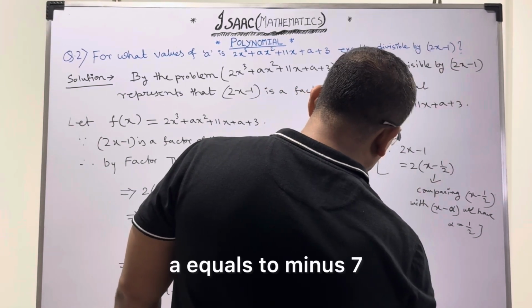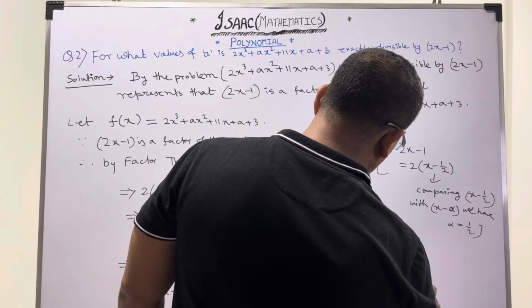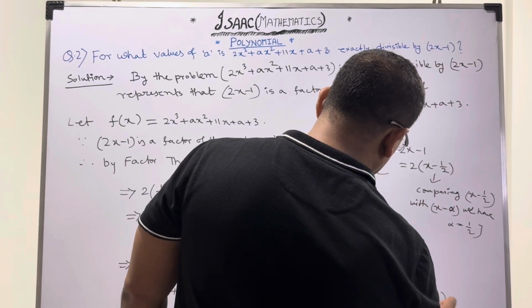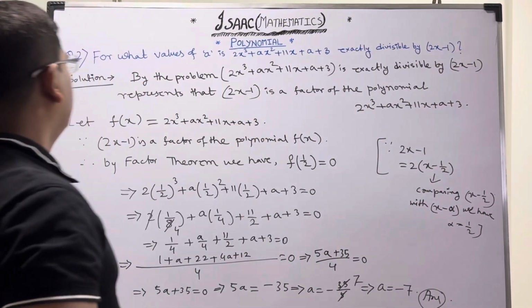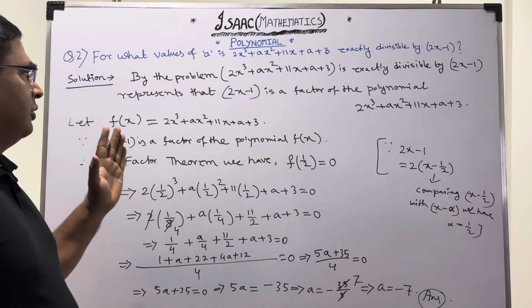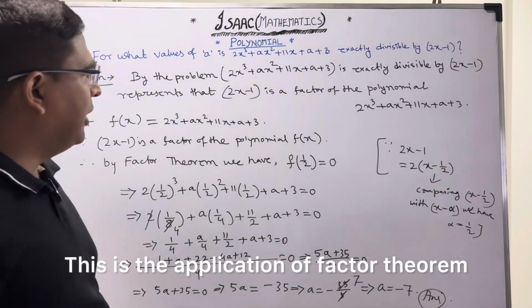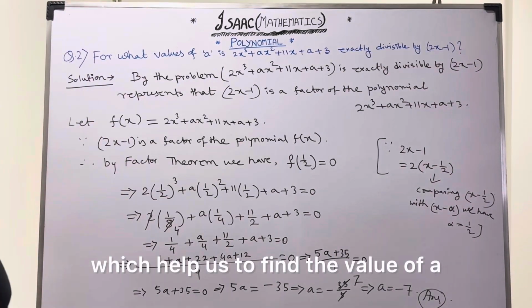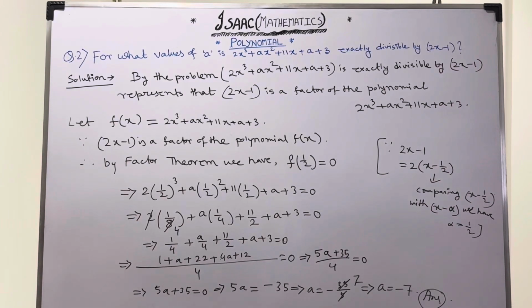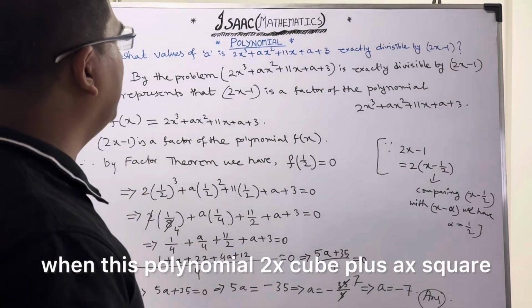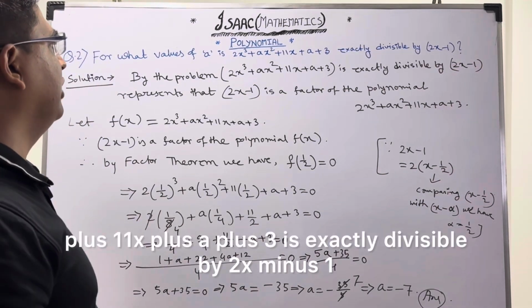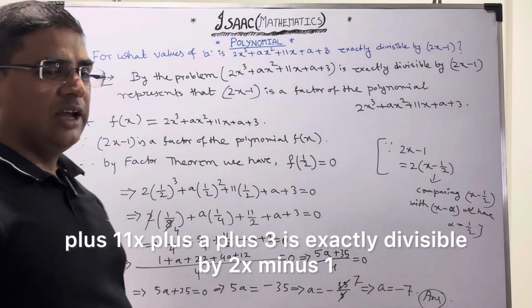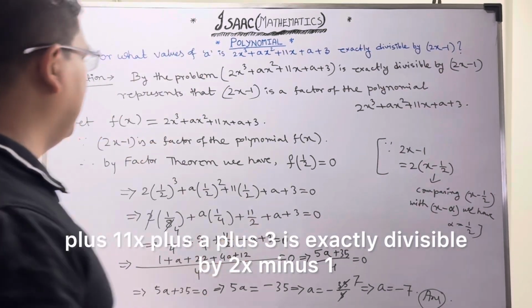So a equals minus 7. This is the answer. So this is the application of the factor theorem, which helps us to find the value of a when this polynomial 2x cube plus ax square plus 11x plus a plus 3 is exactly divisible by 2x minus 1. Okay.